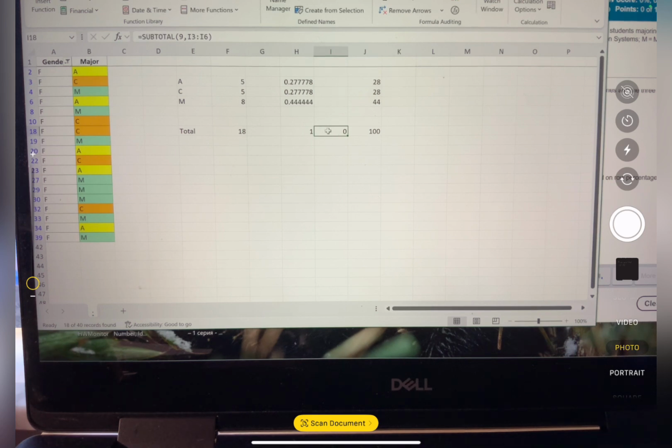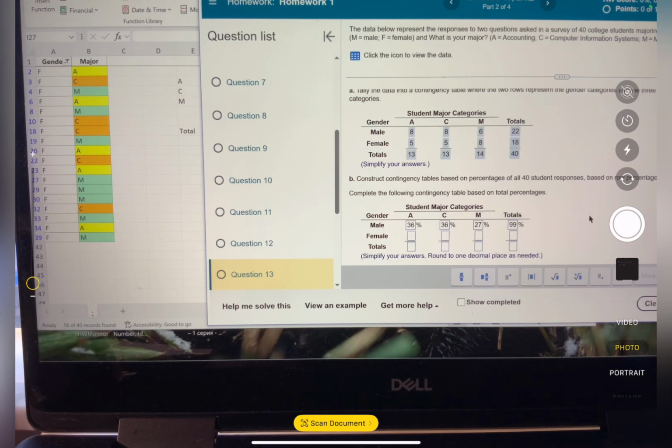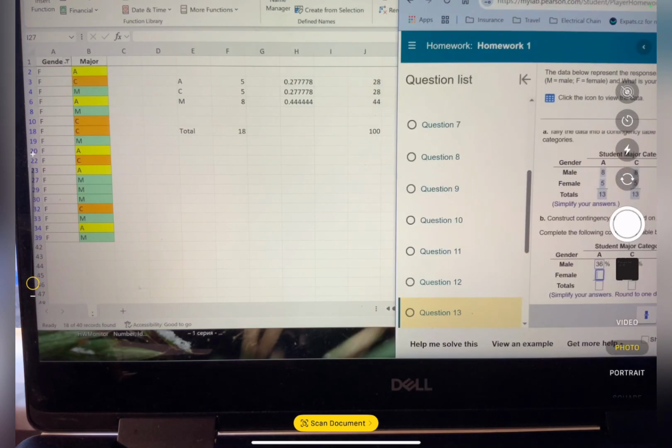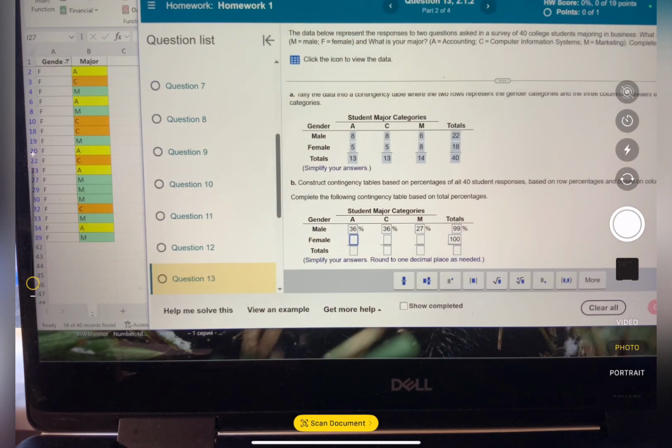Okay, and here I got 100%. So evidently in this case it's going to be, we'll see. So for female we are getting 28, 28, 44. I'm very curious what it's going to say.